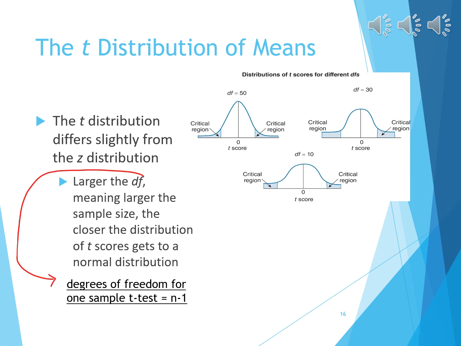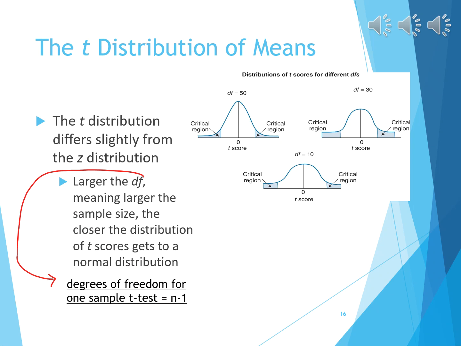And when I say the t-distribution, I'm really talking about the t-distribution of means, as opposed to the z-distribution of means, which we've been talking about in the last chapter or two. The t-distribution differs a little bit. You'll remember the z-distribution was always normal if the original population was distributed normally, or if you had sample sizes of 30 or more.